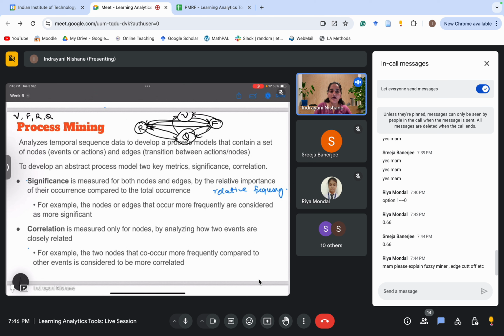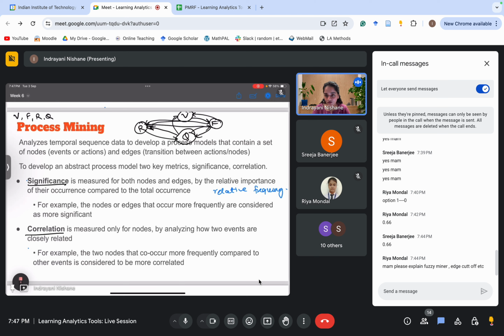So in order to have some level of abstraction, where we consider only relevant information and not information which makes no difference or which we find irrelevant, we decide what is relevant using significance and correlation.